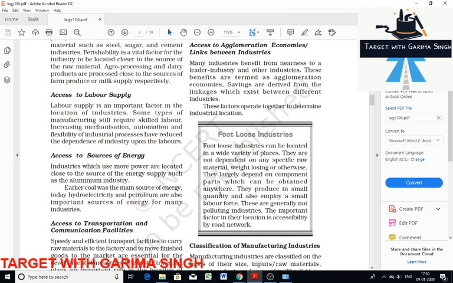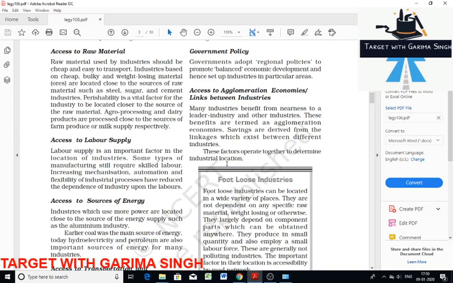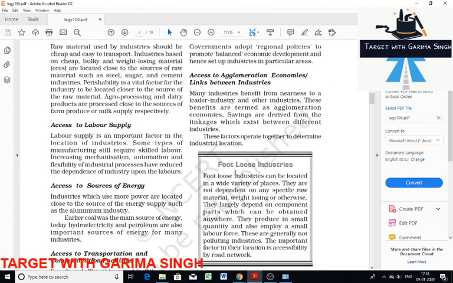Then access to agglomeration economies, where two or three industries agglomerate. Agglomeration economies refer to the benefit derived from the linkage that exists between different industries. Small industries or ancillary units like to operate near a leader industry to benefit from nearness to a big or basic industry. Then government policy.